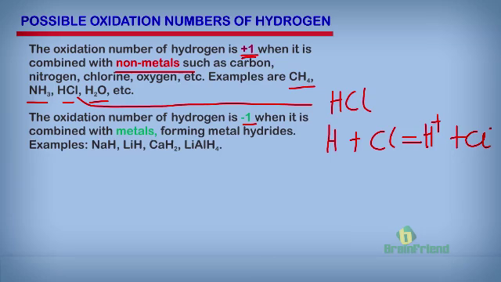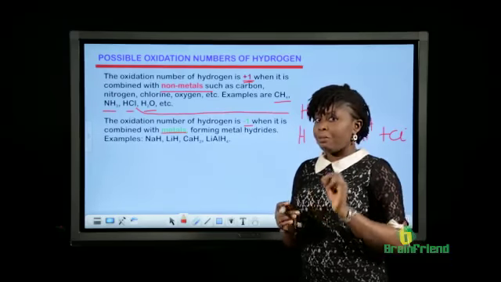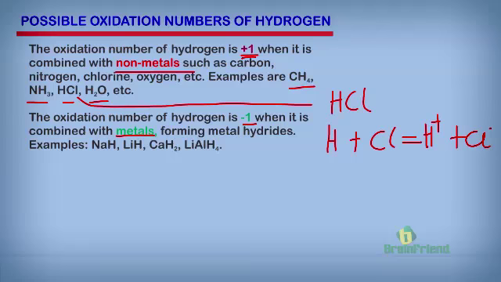non-metals. But when it is in combination with metals, it forms what we call metal hydrides, and it carries an oxidation number of -1. Take, for instance, sodium hydride.